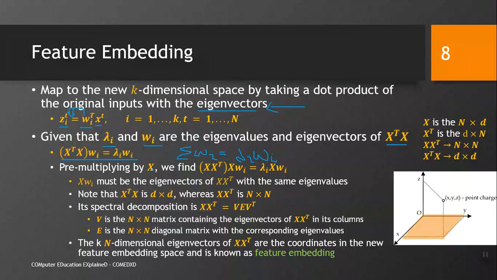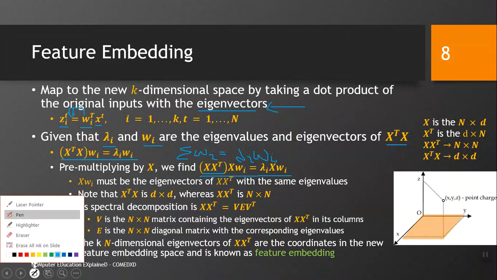Pre-multiplying by x, we multiply the left hand side and the right hand side with x. We find that x is multiplied with x transpose, and we have taken it as a bracket, and here we have placed x and Wi. How can we do this? Because we have assumed that the matrix is symmetric, and a symmetric matrix has its transpose equal to itself. In this particular shape, now this has been formed over here.